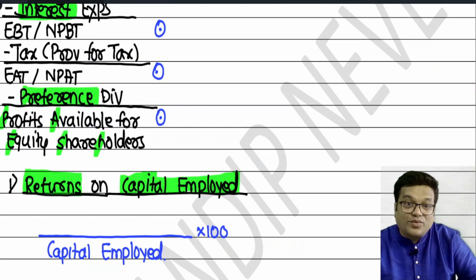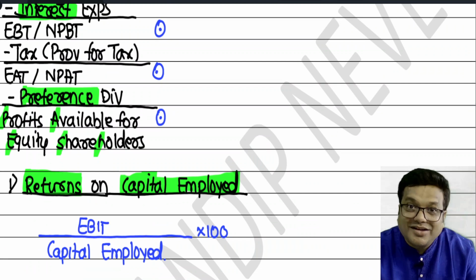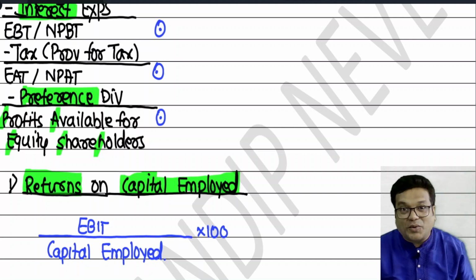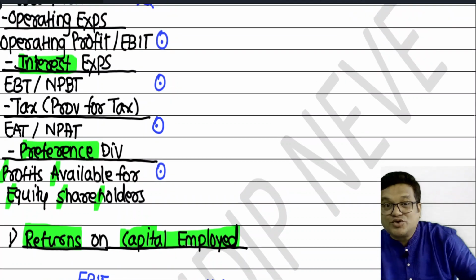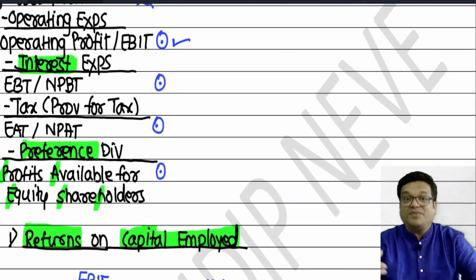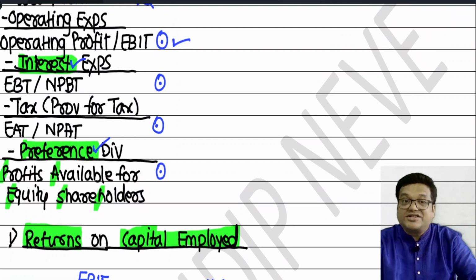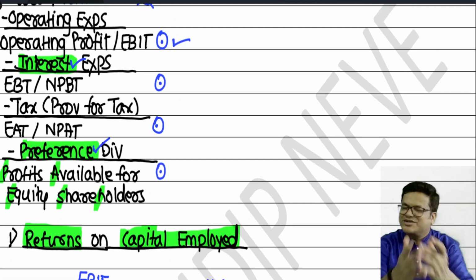But in the numerator, what am I going to write? EBIT, and the formula is done, guys. Simple, returns on capital employed. So the denominator is bound to be what? Capital employed. Which profit is most suitable for capital employed? EBIT, because from this profit you start making payment of interest, preference dividend, and from PAYESH you will pay what? Equity dividend. Understood, friends? It is very logical.